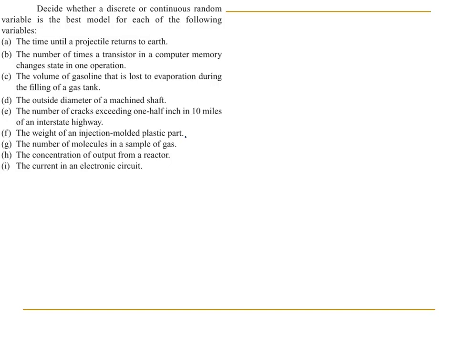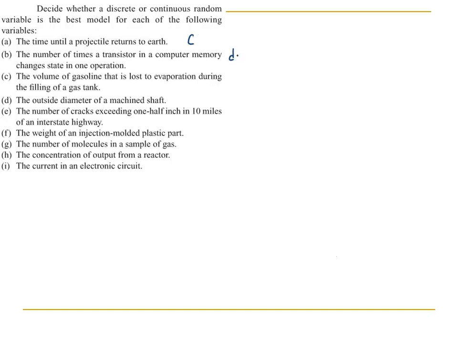Okay, let's discuss the problem. So for letter a, the time until a projectile returns to air. So continuous or discrete? Continuous. The number of times a transistor in a computer memory changes state in one operation.